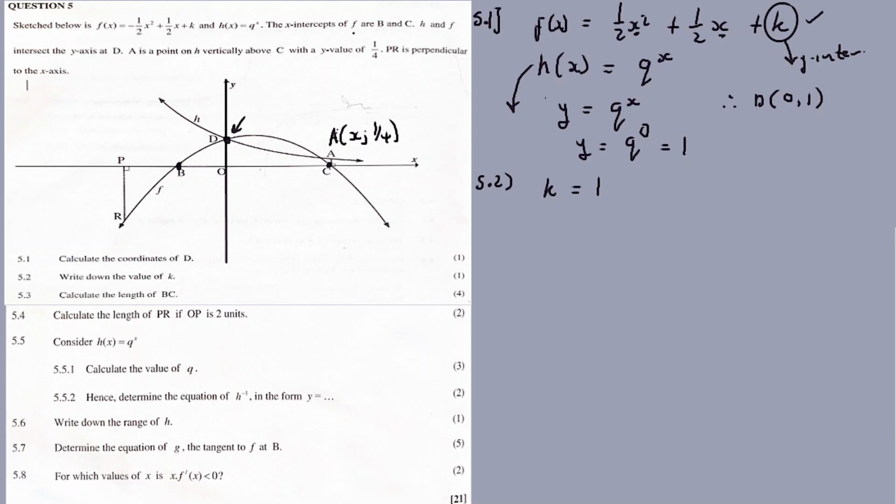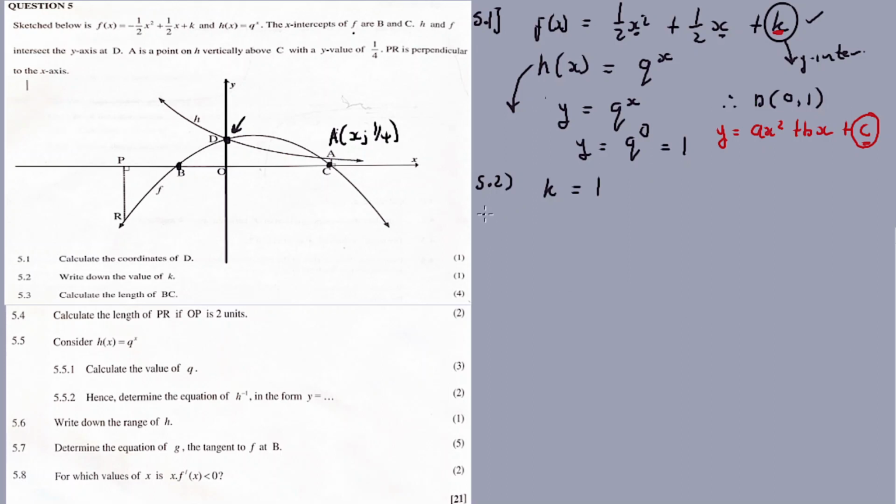The standard form equation is y equal to ax squared plus bx plus c. Here k and c are the same, and the value of c in the standard form of a parabolic function is the y-intercept, right? So that's why k is equal to 1, because the coordinates of D are (0; 1). That makes k equal to 1, because we found D from h and also from function f. Yes, so k is equal to 1.